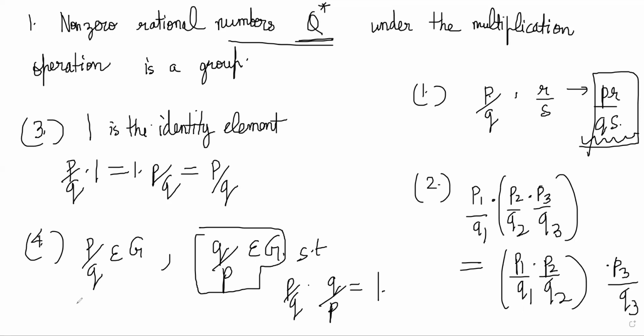Otherwise, if it was including 0, this would not have been a group. If it was the set of rational numbers including 0, then you would not have an inverse, because for the rational number 0 there is no inverse, right? So as long as you have non-zero rational numbers, there is an inverse, and therefore the whole set forms a group under multiplication. I hope this is clear to everyone.